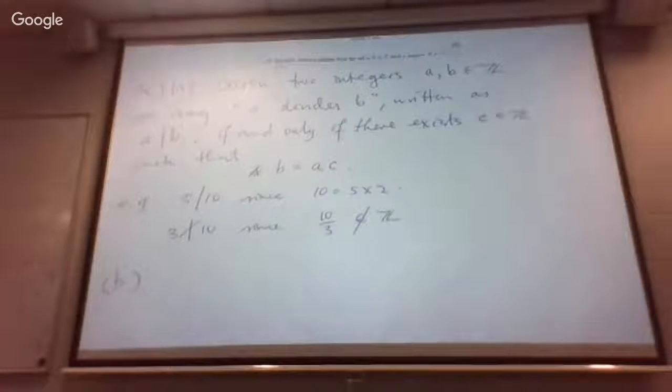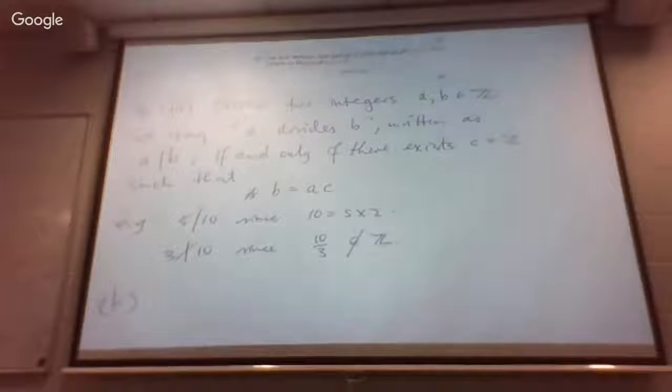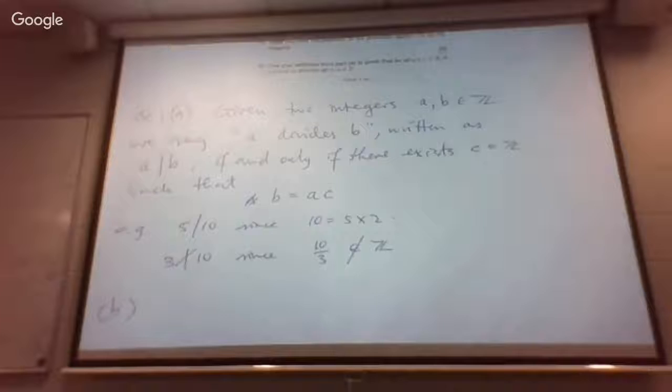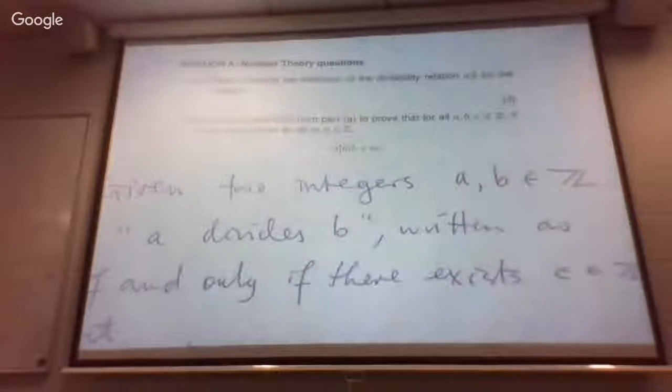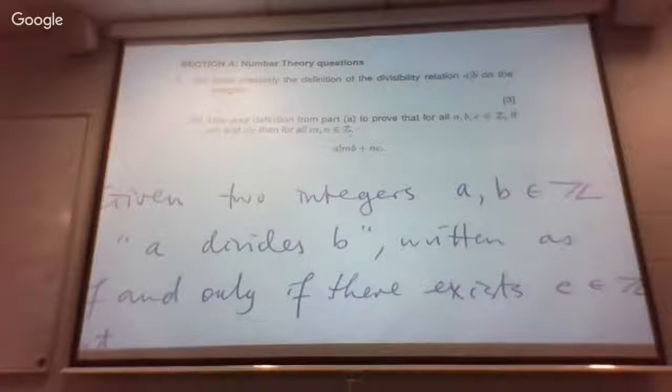Any other queries? So question B then is our first kind of proof type question. Use your definition from part A to prove that for all A, B, C, if A divides B and A divides C, then for all M and N in Z, A divides MB plus NC.